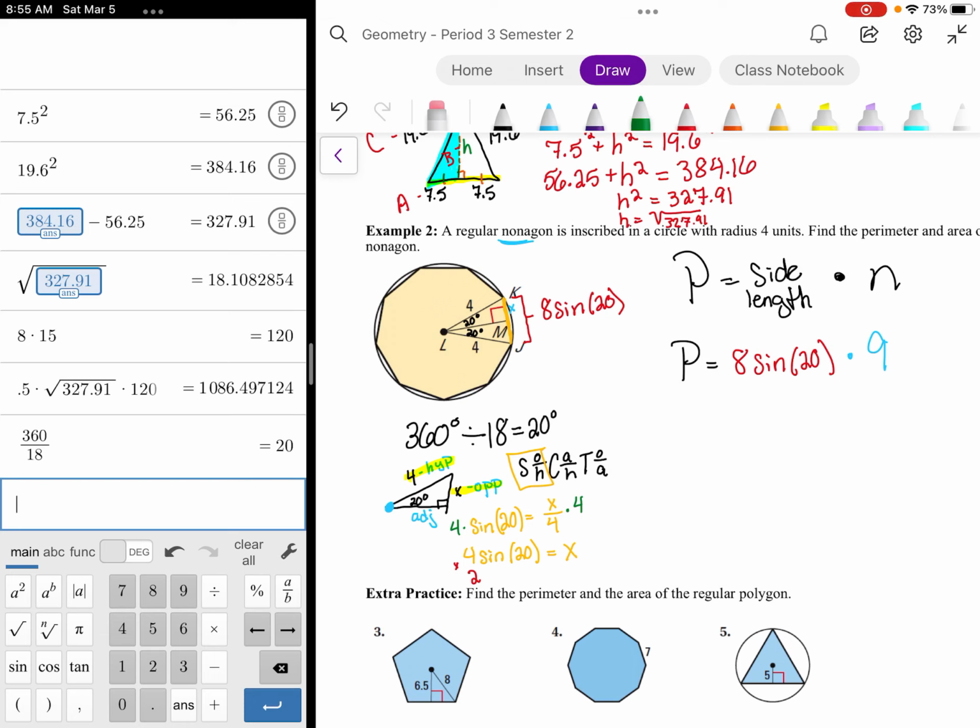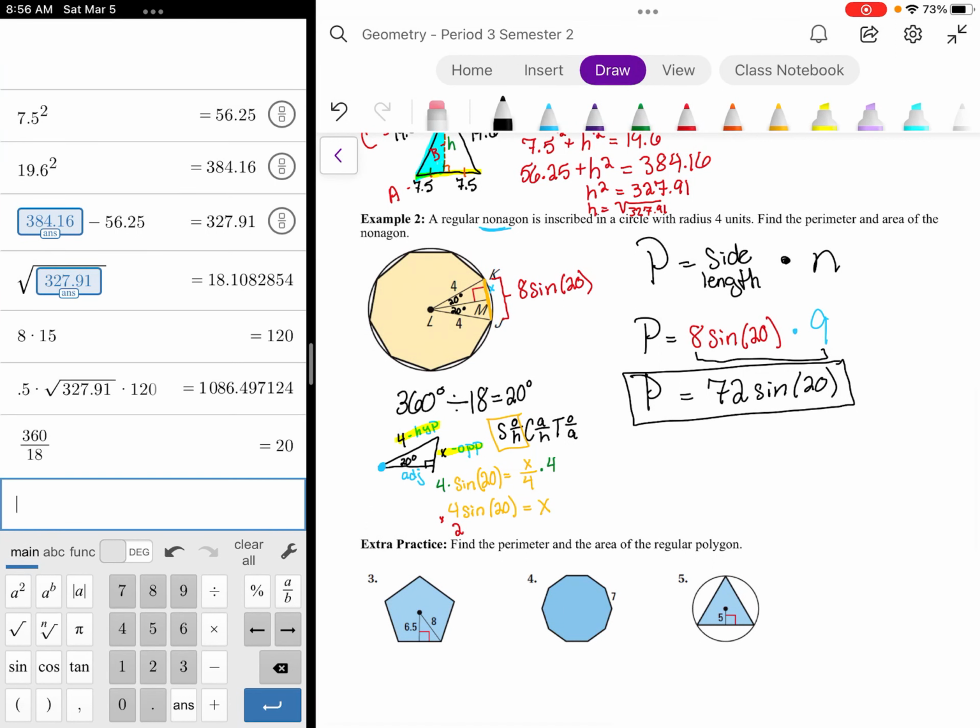And we're not going to round our answer quite yet, so we're just going to write the exact value for the perimeter. We're going to have 8 times 9 is 72. And then we're just going to keep the sine of 20 degrees. And the reason we're going to do that is so that when we get our area, we're not rounding multiple different times to get that area.